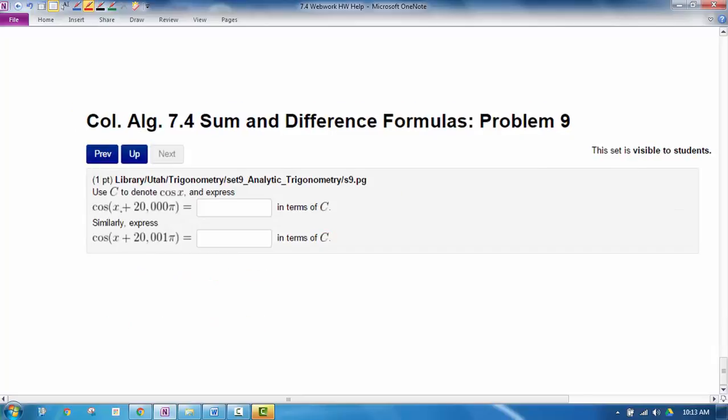All right, and the last problem, if we fill out the formula, the cosine of some formula equals cosine of the first angle, cosine of the second angle, and then change the sign, and then it's sine of the first angle, sine of the second angle on the formula sheet.